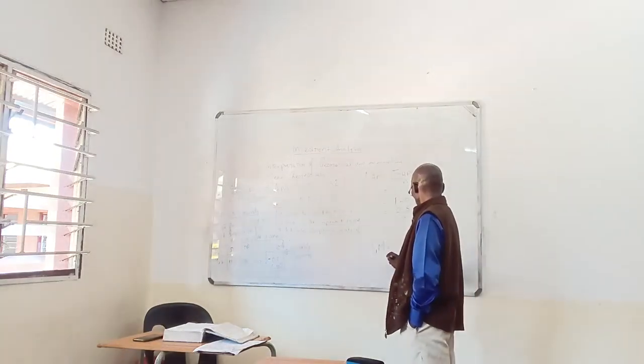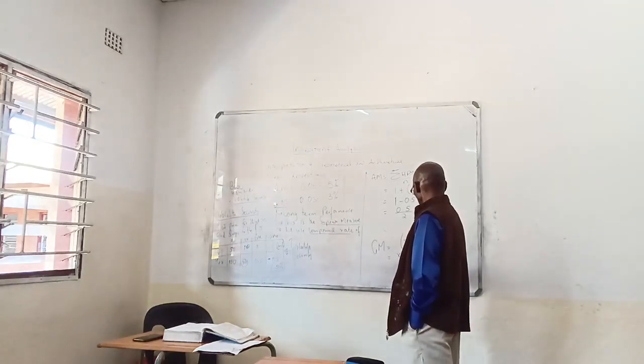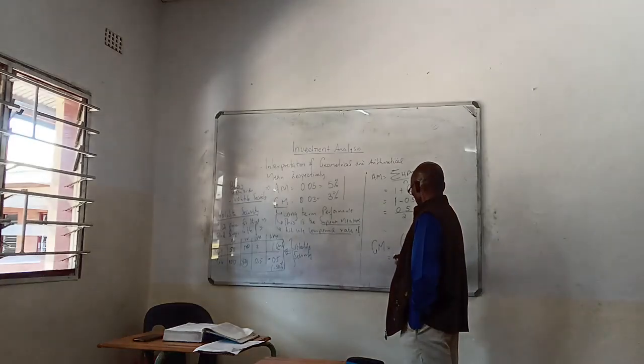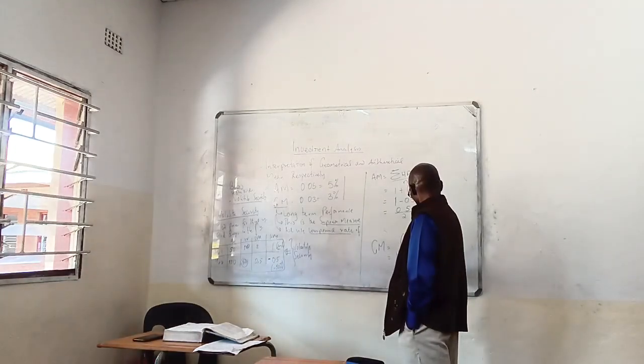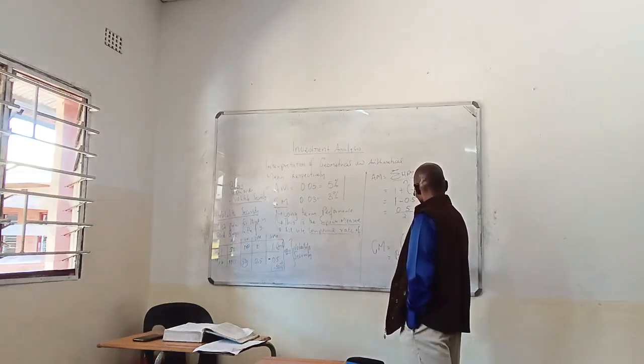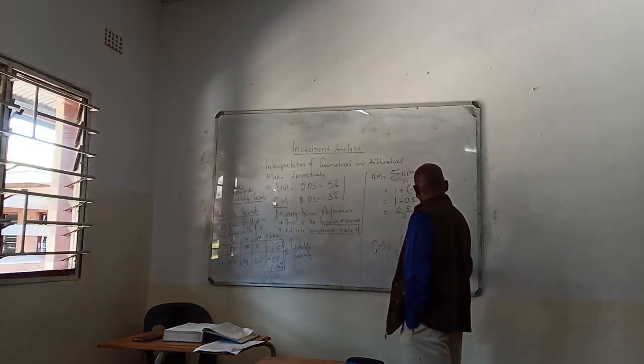This is a multiplication of HPRs. You have HPR 1 multiplied by HPR 2 multiplied by HPR and so on.